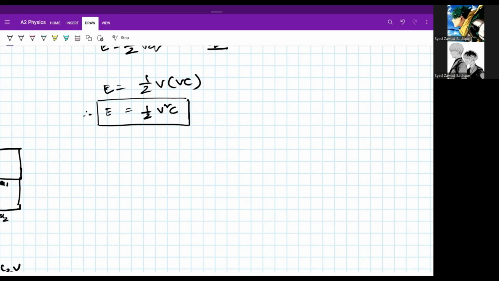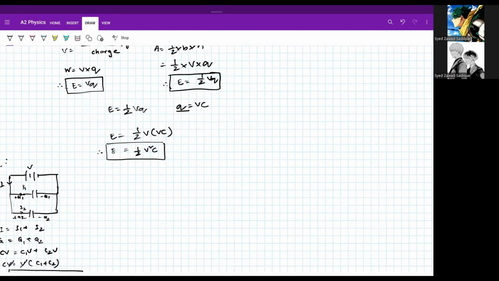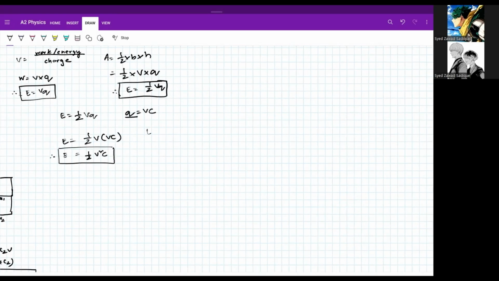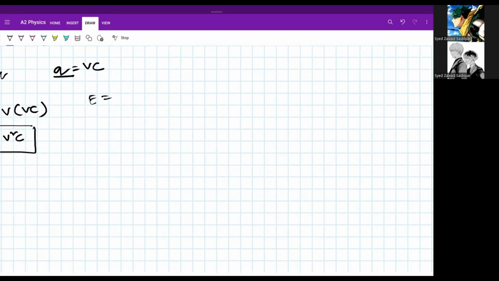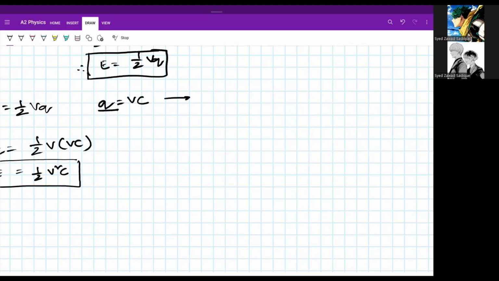And finally, another energy formula is E is equal to Q squared by 2C.